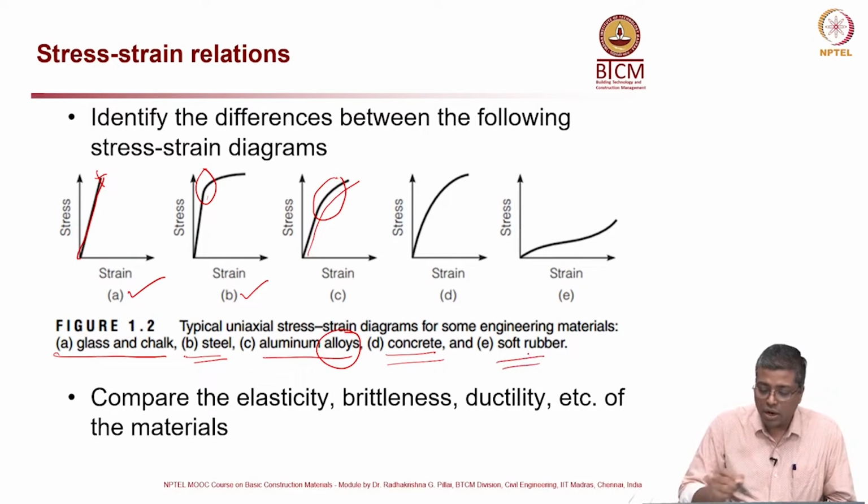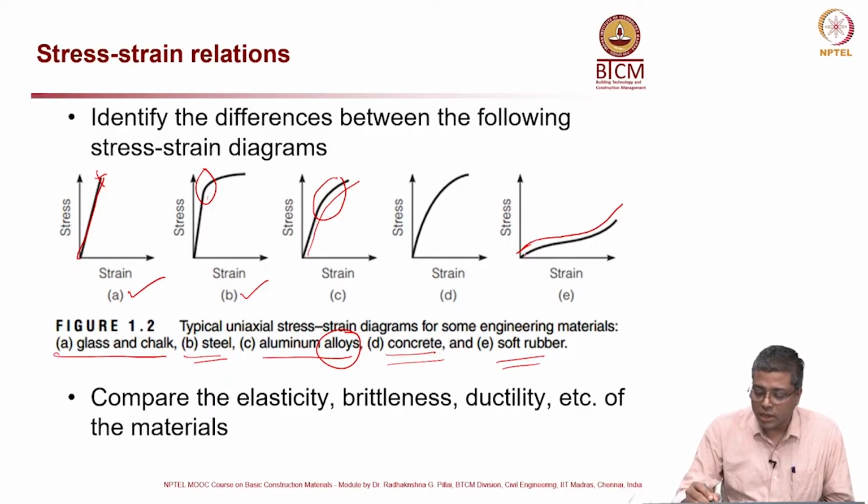Then you have rubber. When you pull rubber, you can see that initially there is a change in the curvature also. You see here, and then the curve comes down like this, and then again goes up like this. Okay.